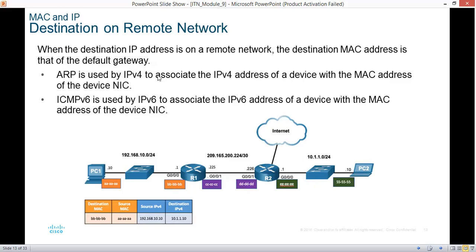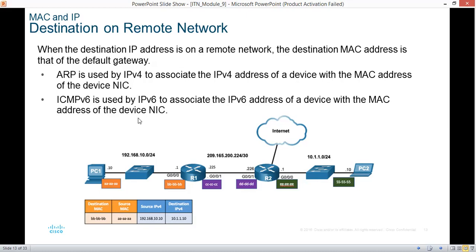So ARP is used to resolve that and tell you exactly where the destination MAC address is. Then ICMPv6, Internet Control Message Protocol version 6, is used by IPv6 to associate the IPv6 address of a device with the MAC address of the device NIC.